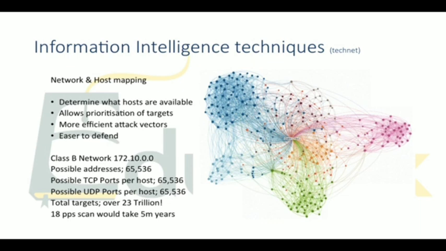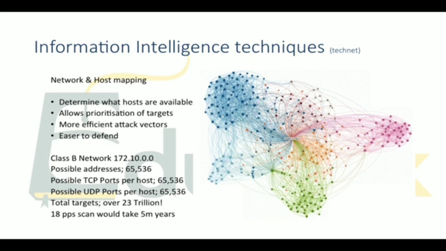Scanning at a rate of 18 packets a second, it would probably take a shade under 5 million years to complete the scan. But because computers have a lifespan of between 3 and 5 years, the rate of change definitely confounds the usefulness of the scan. So to be sure, attackers are coming up with smarter and faster scanning techniques.